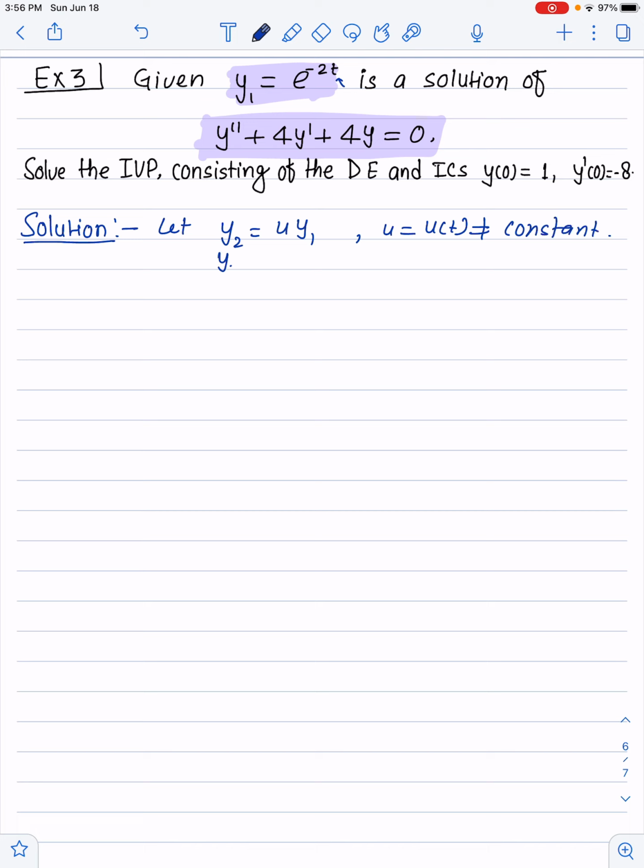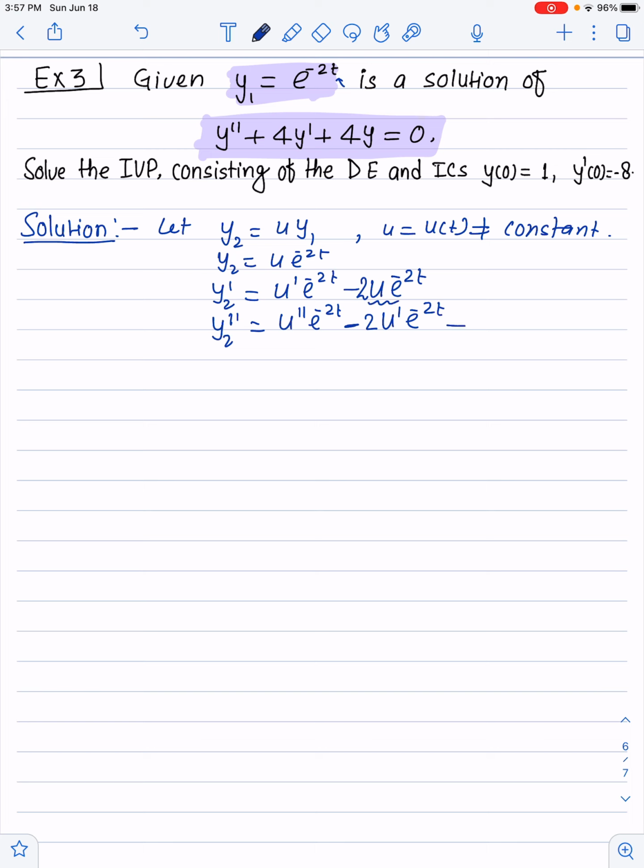All right, so I'm going to plug in the value of y1, which is e to the negative 2t, and then differentiate this to get y2 prime: u prime e to the negative 2t plus u times the derivative of e to the negative 2t, which is negative 2 times e to the negative 2t. y2 double prime is u double prime e to the negative 2t plus u prime times the negative 2 e to the negative 2t, minus the derivative of this.